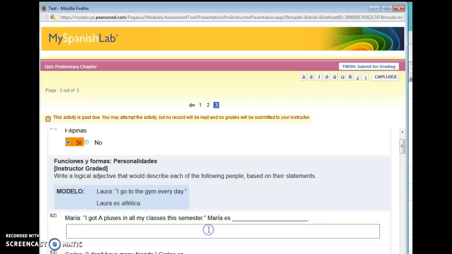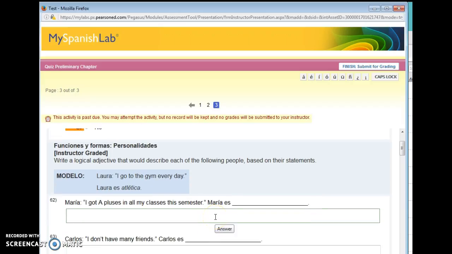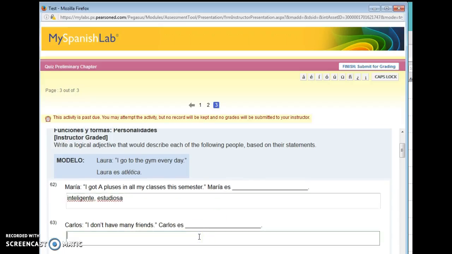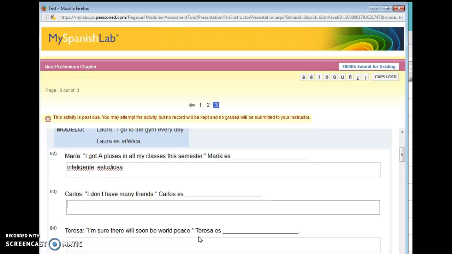All you had to do was put in an appropriate adjective, but some people did not make the adjectives agree, right? So Maria is a woman. The easiest answer here is inteligente. You could put other things, but you had to use a feminine form. So you could say estudiosa, but you have to make it the feminine form. So Carlos, any masculine adjective that's logical will work.